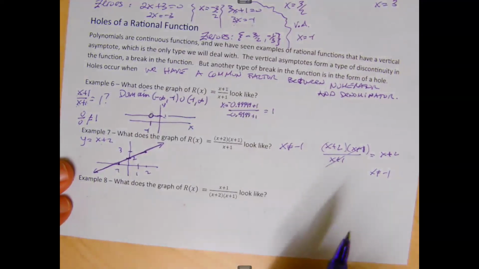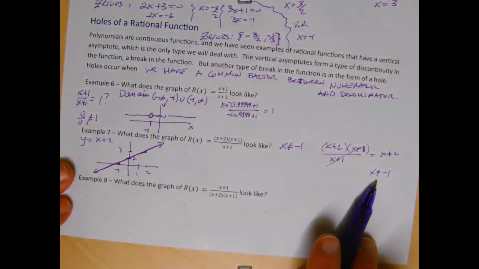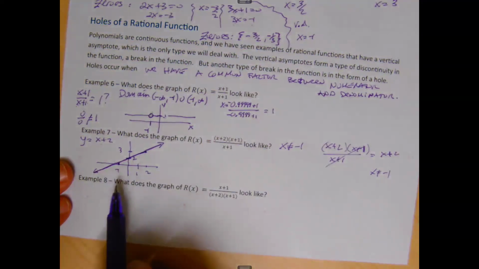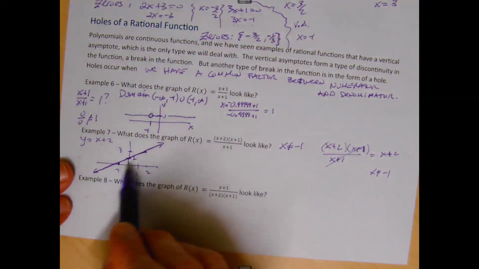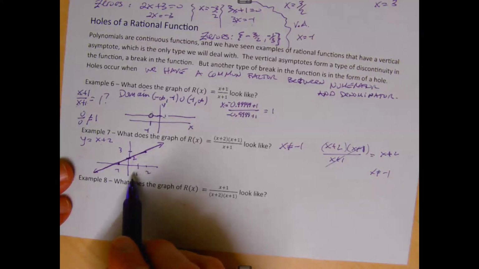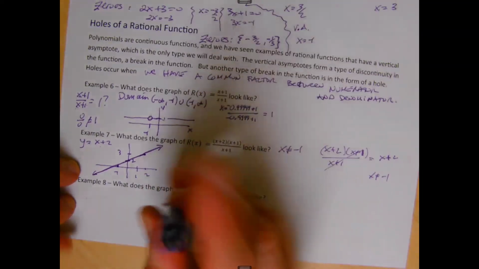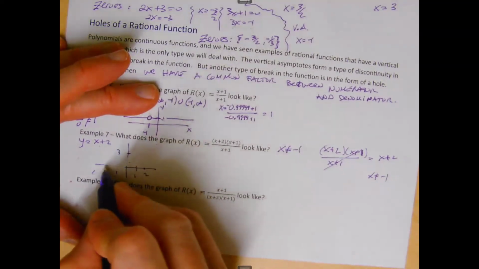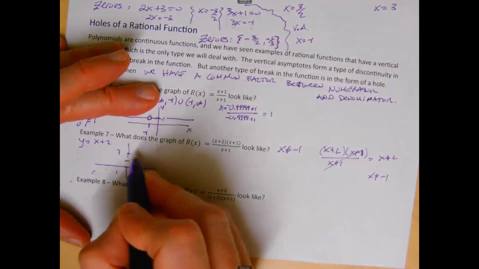But we said that x cannot be equal to -1. So what happens at this point? Well, notice, actually, I didn't make this to scale, unfortunately. To make this better, let me, I'm jumping the gun here. Let's make this 2.